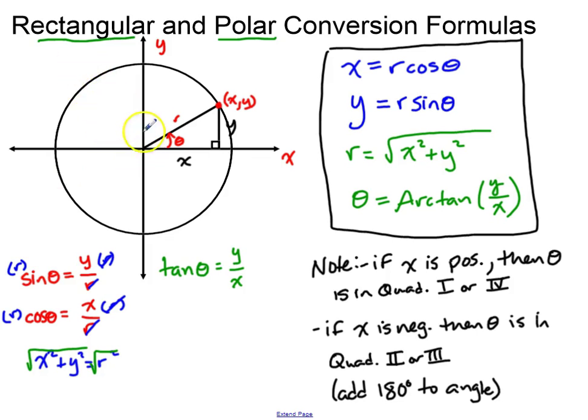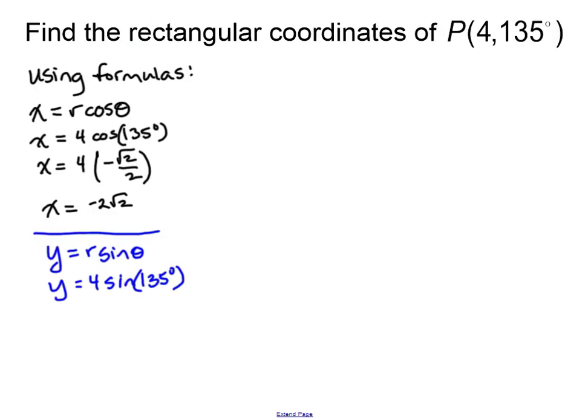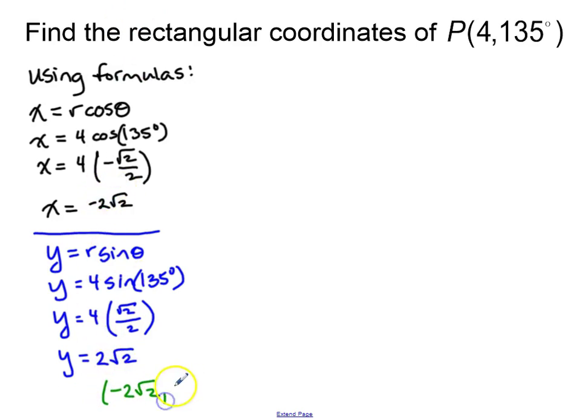Y would be positive, right? It's up. Again, reference angle of 45 degrees, you would have square root 2 over 2 as the length of y. Positive this time. 4 and 2 divide to 2. Y is 2 root 2. So we have the point for the rectangular coordinate as x of negative 2 root 2, y of 2 root 2.